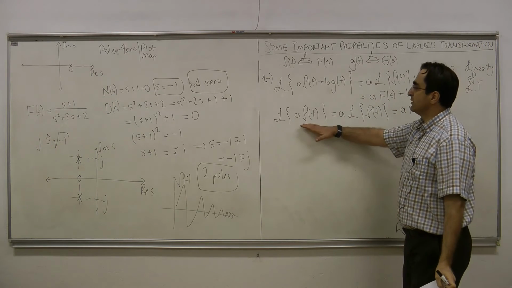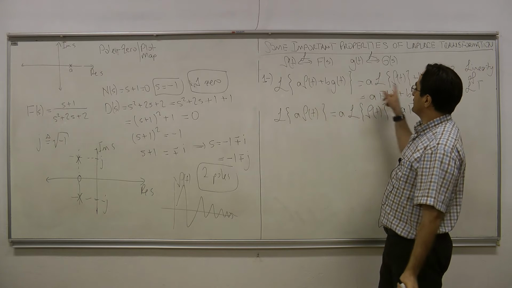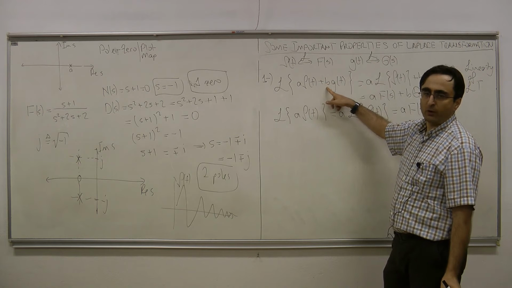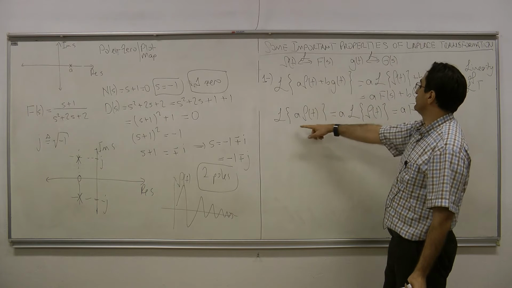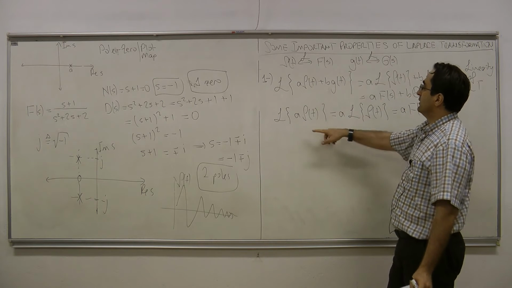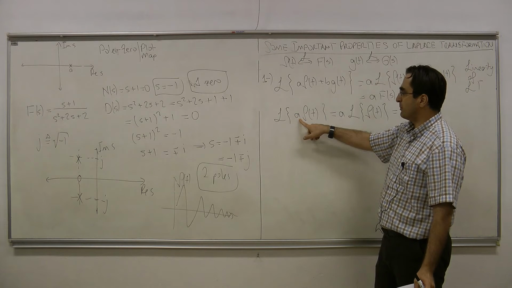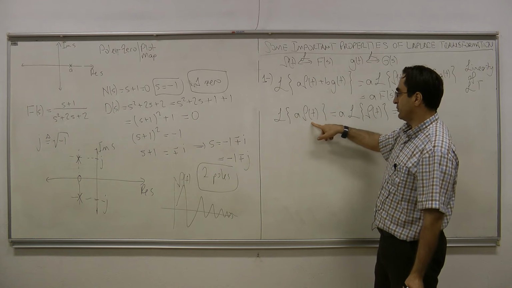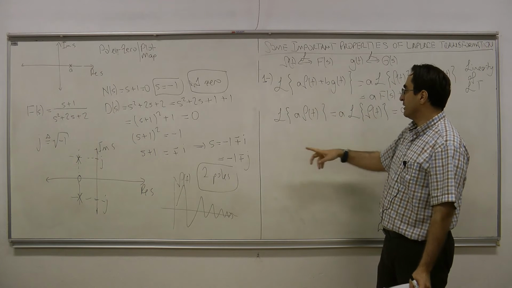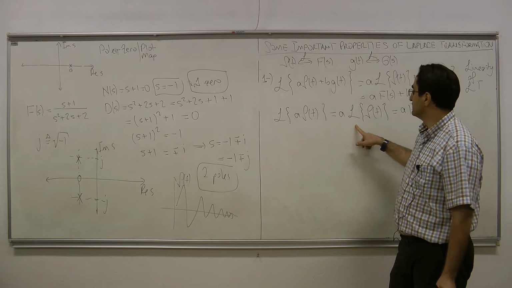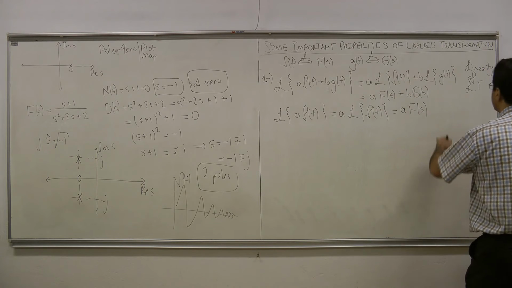When I have a single function, this property is true for any a and b, so I can just take b equals 0, and that gives you this property. When I take the Laplace transformation of a constant with respect to t times f of t, that Laplace transformation is going to be that constant times the Laplace transformation of f. This is called homogeneity.